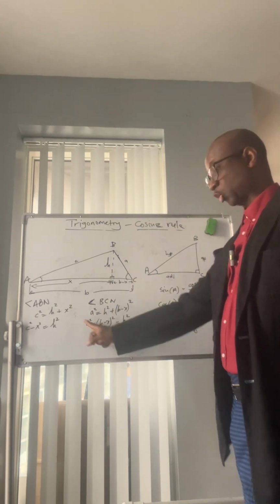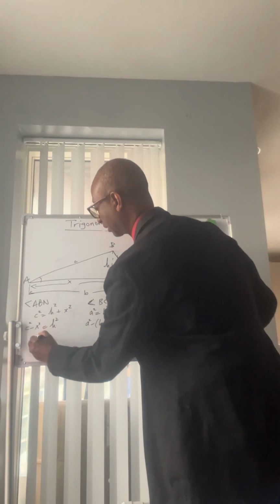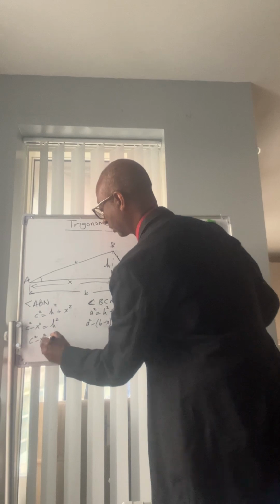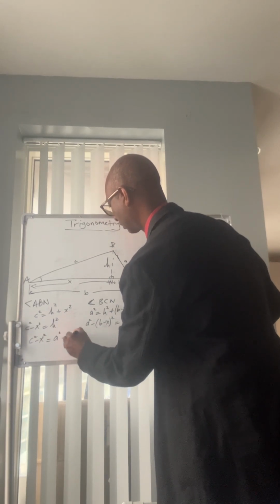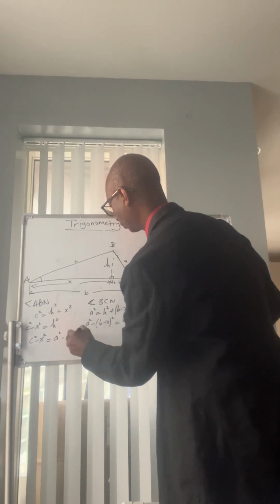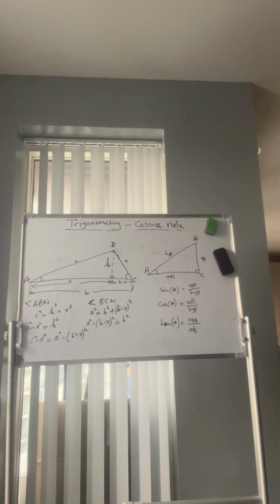So we can state that c squared minus x squared must be equal to a squared minus b minus x all squared. We can state that because both equations are equal to the same unknown.